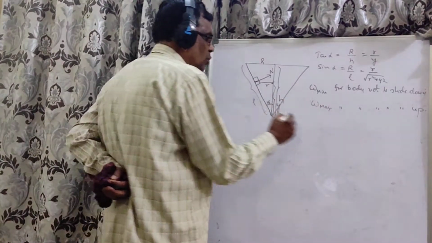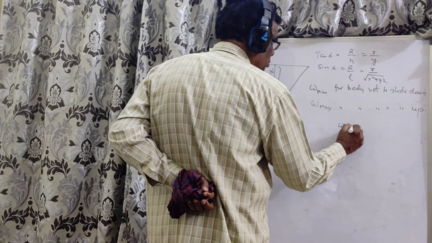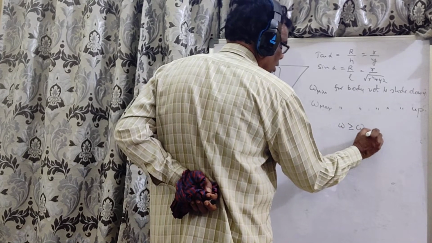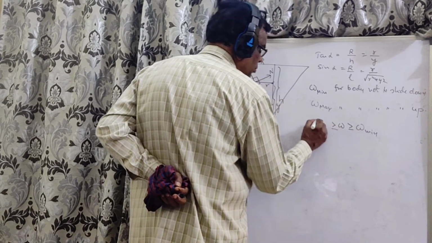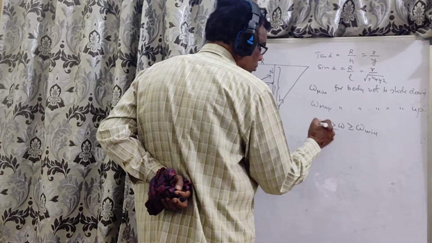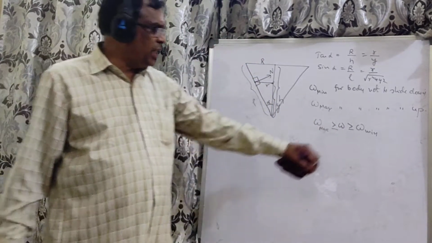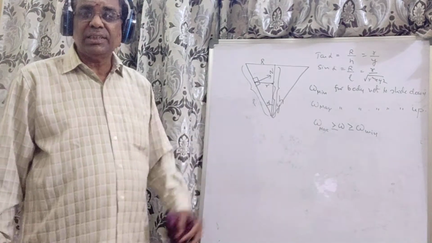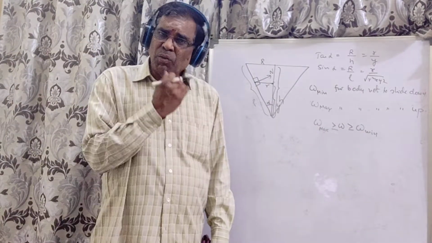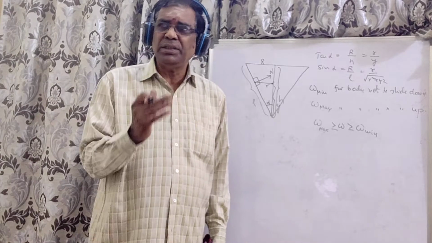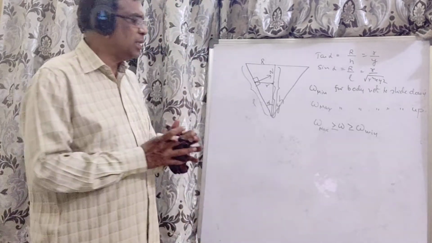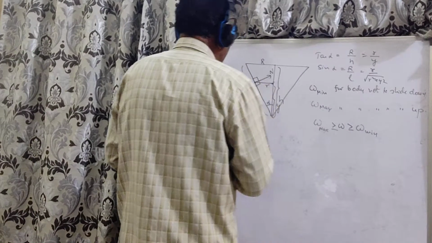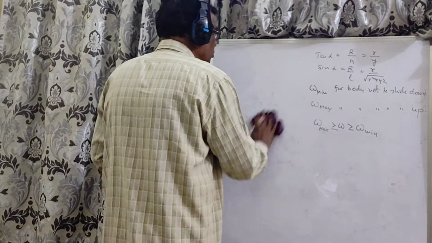Omega must be greater than or equal to omega minimum, and less than or equal to omega max. So we need to find out these two values. This is a very ticklish aspect of friction. Various cases, various places you come across this. I want you to be careful while drawing even the FBD.